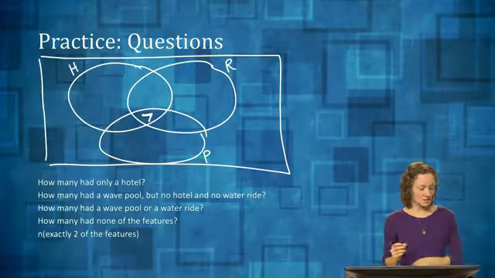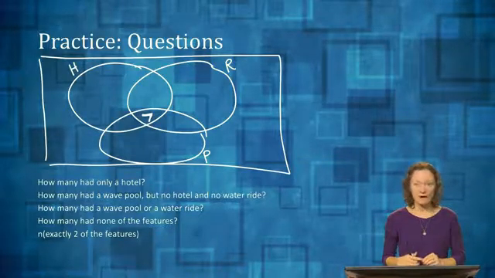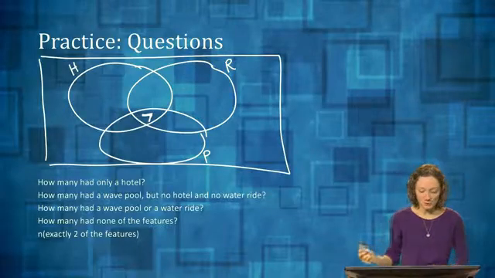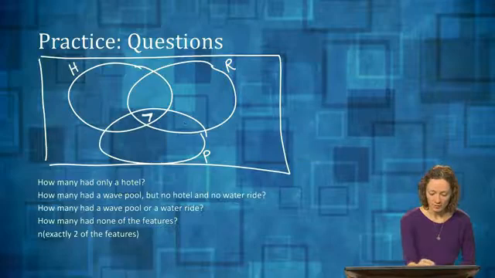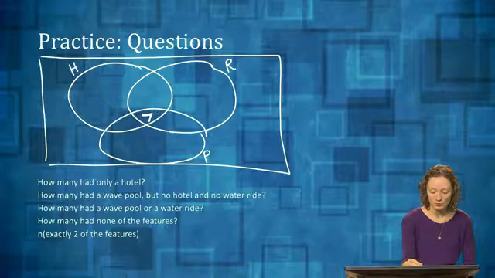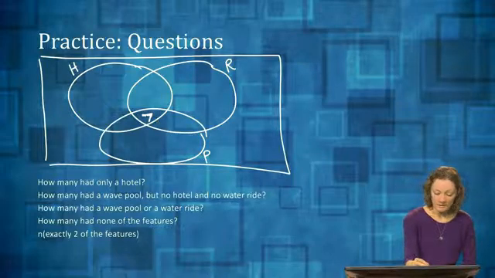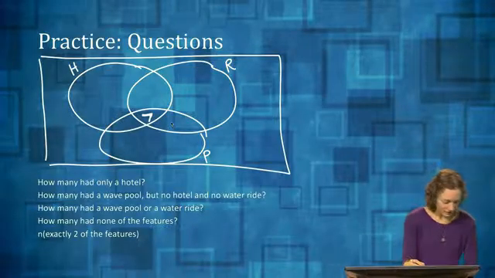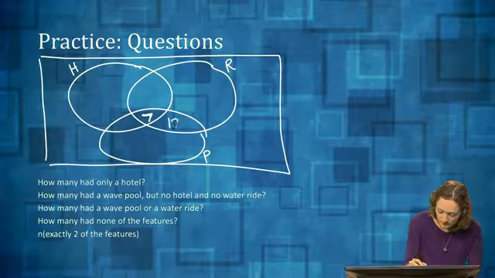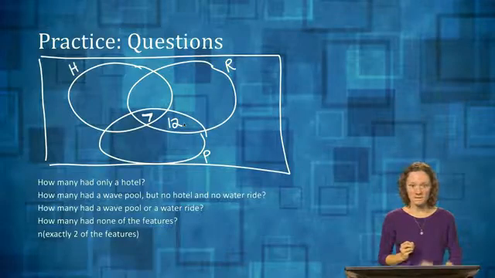The next piece of information going up is that 19 had water rides and a wave pool. So here's water ride, here's wave pool, here's where they overlap. There are 19 amusement parks inside this little region. 7 are already accounted for, so we subtract to get how many are in this other region. 19 minus the 7 gives us 12.